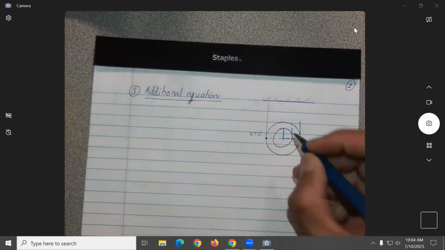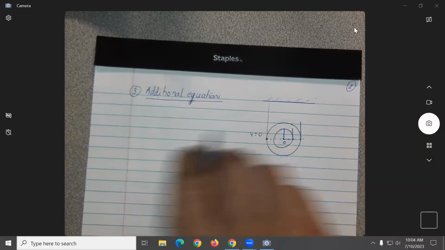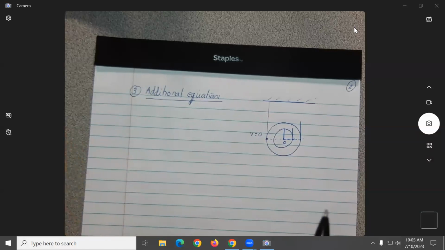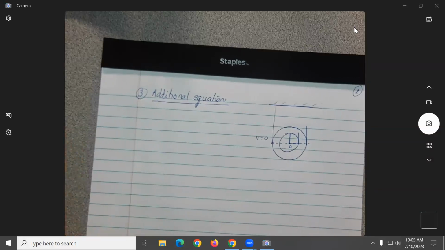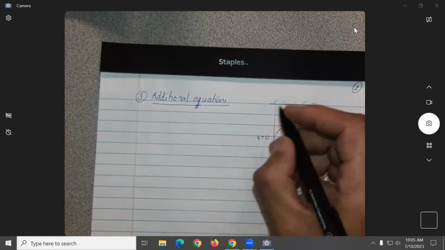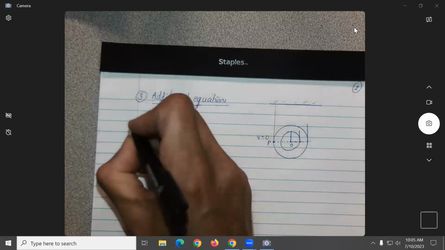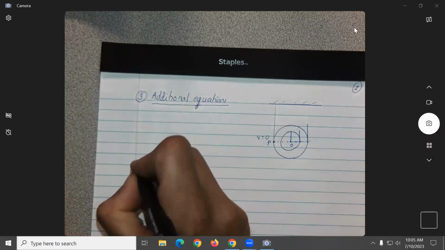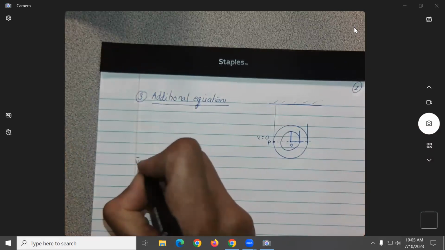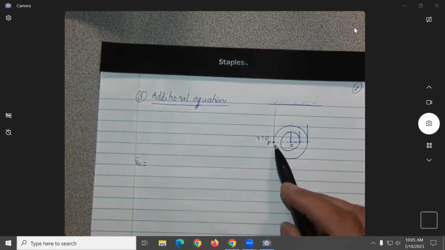Okay, so let's call this point here point O. I was trying to simplify it, but it might not be a good idea. Let's call this point here P. What will be the velocity of O, the center, from point P?